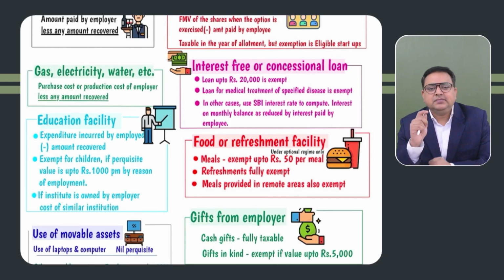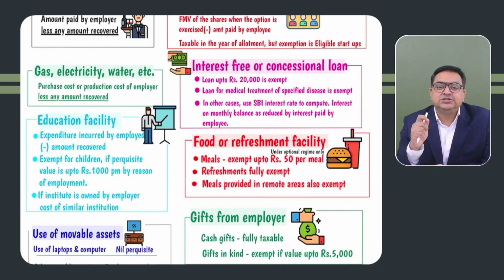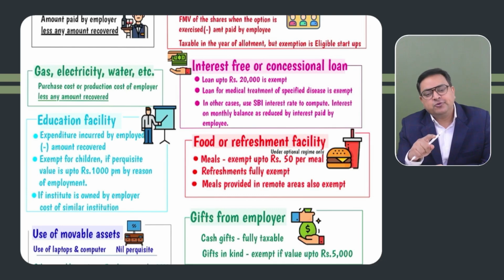But if the education is provided to the children of the assessee, and that too in the employer's school or college, employer's institution, children means his children, including stepchild or adopted child, not grandchildren.